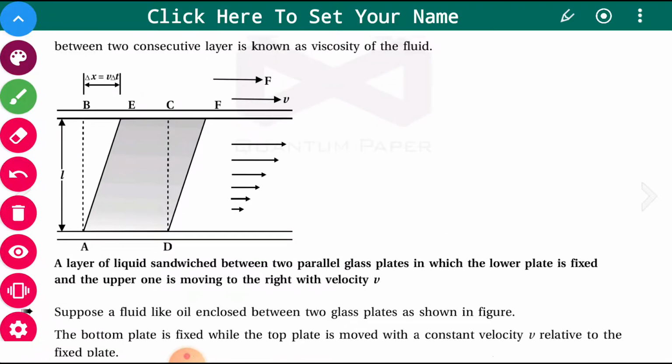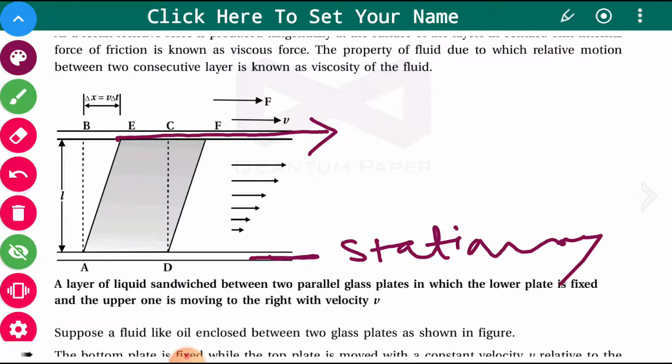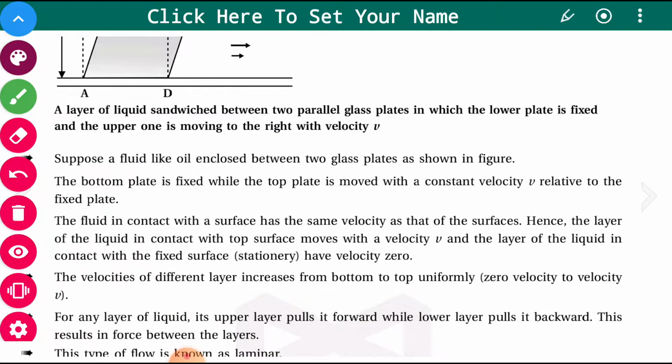So you are moving this upper plate with some velocity v with respect to this stationary plate.